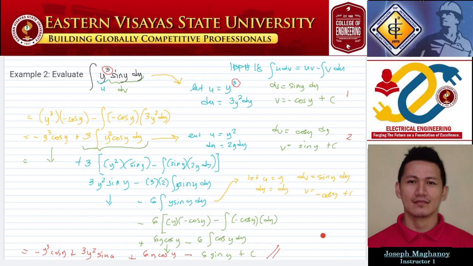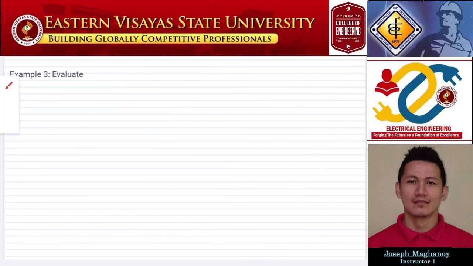Okay, let's proceed to example number 3. So example number 3, evaluate the integral of x ln x dx. So this is a combination of algebraic and logarithmic, ln x dx.